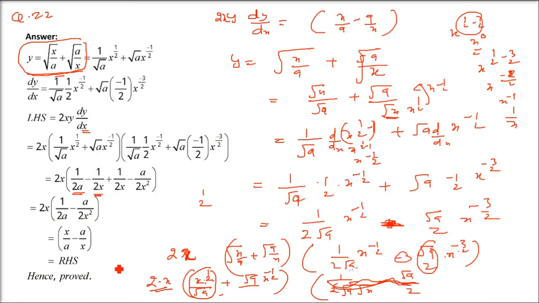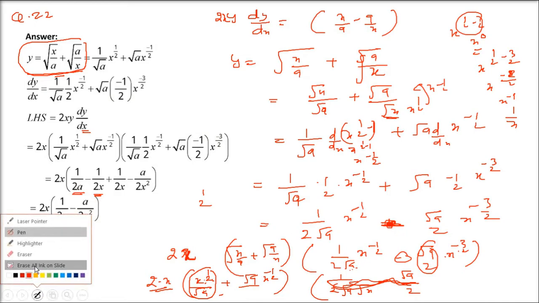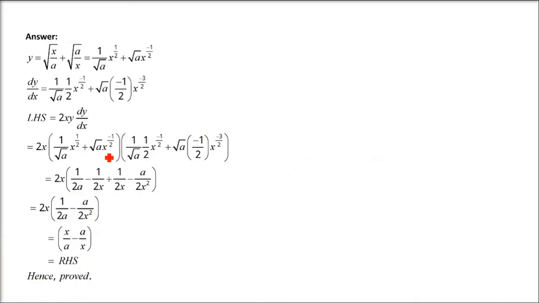So let me just clean it because it's becoming very clumsy. The other two I am going to tell you. Now we are multiplying root a x raised half and 1 by root a 1 by 2 x minus half. Root a gets cancelled, only 1 by 2 will remain, and x minus half will be minus half and half is 1, so minus 1 it is.